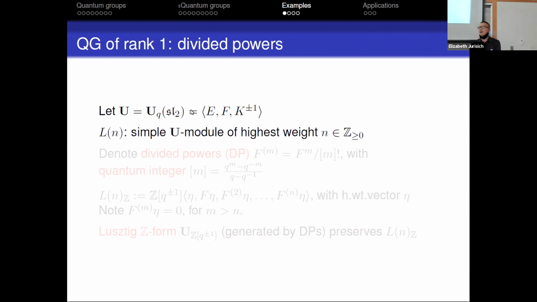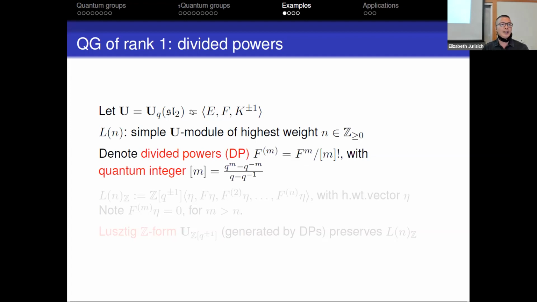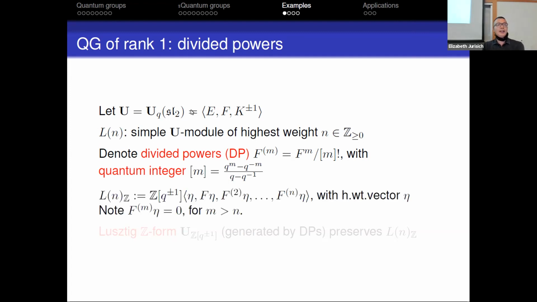So sl2 has a simple module of dimension n plus 1, highest weight n. That's called V_n. Let's define a so-called divided power, using F^n divided by the quantum n factorial. Then in this representation V_n, you can also define an integral form.